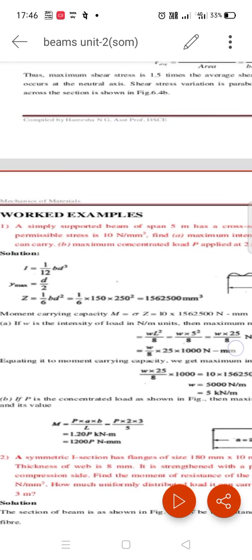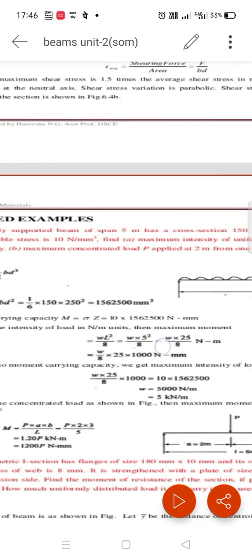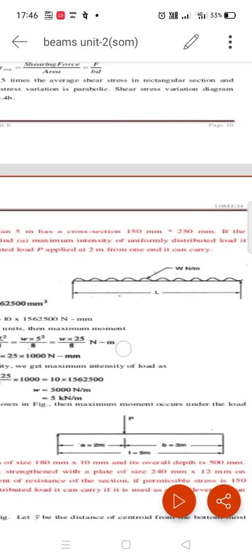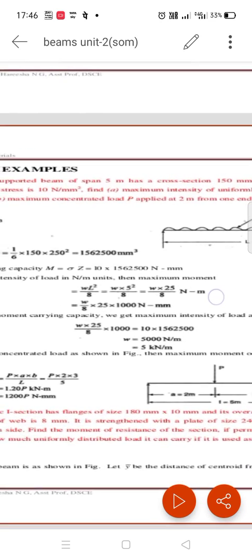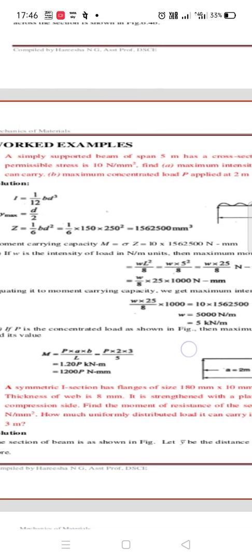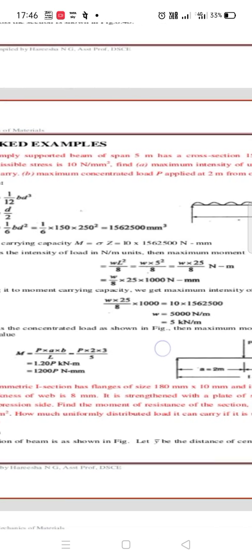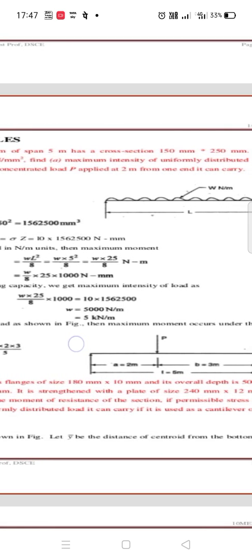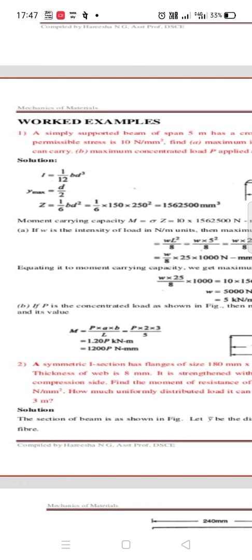If the permissible stress is 10 Newton per mm square, find A: the maximum intensity of uniformly distributed load it can carry. B: the maximum concentrated load that can be applied at 2 meter from one end that it can carry. This is the sum; we will find out the two types of problems.